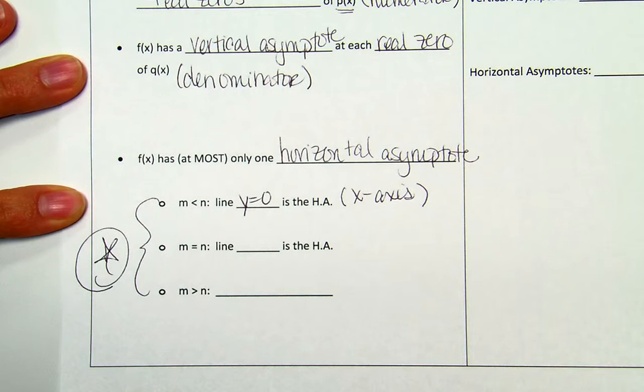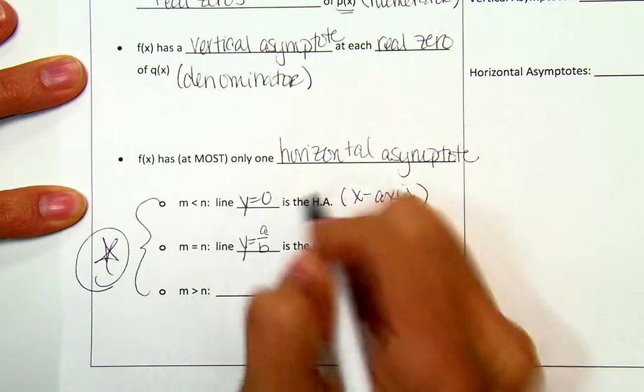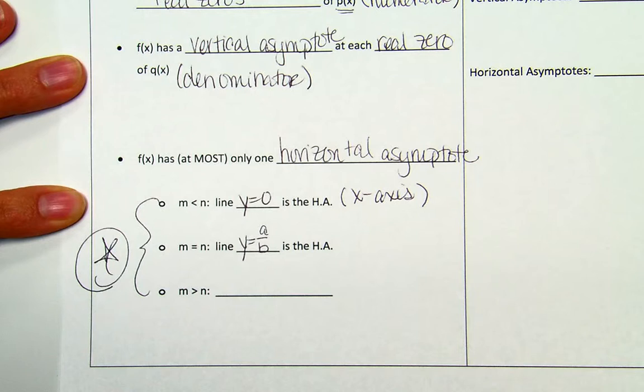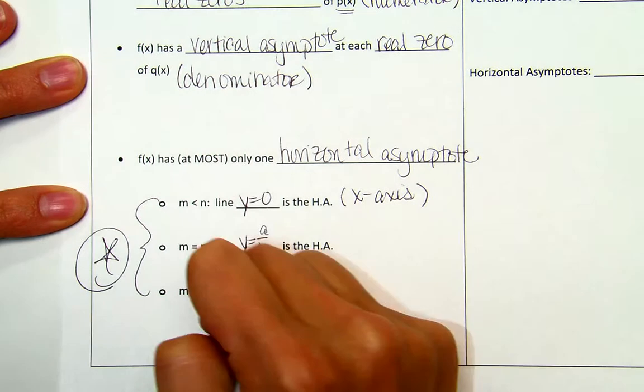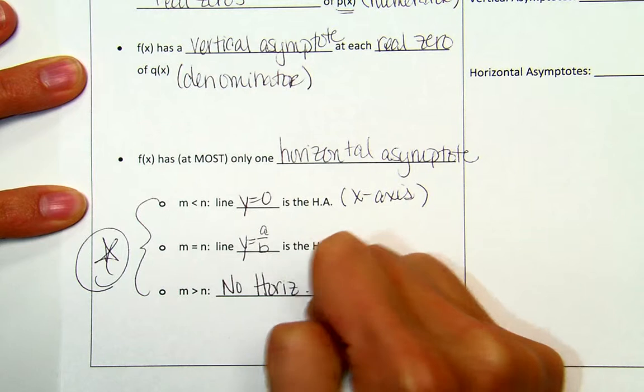If the degrees of our numerator and denominator are equal, then the line y equals a over b, the leading coefficients of our numerator and denominator, will be our horizontal asymptote. And if your numerator degree is greater than your denominator degree, then we're going to have no horizontal asymptote.